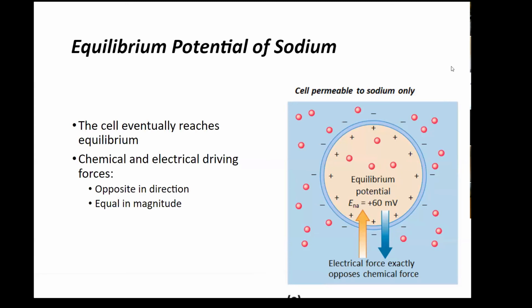So you might immediately note that we have a different equilibrium potential for sodium than potassium, and they're actually different in polarity. They have different charges. Sodium has a positive equilibrium potential, potassium has a negative equilibrium potential.